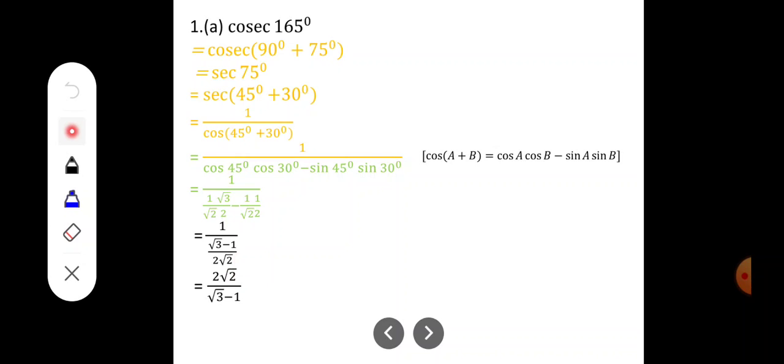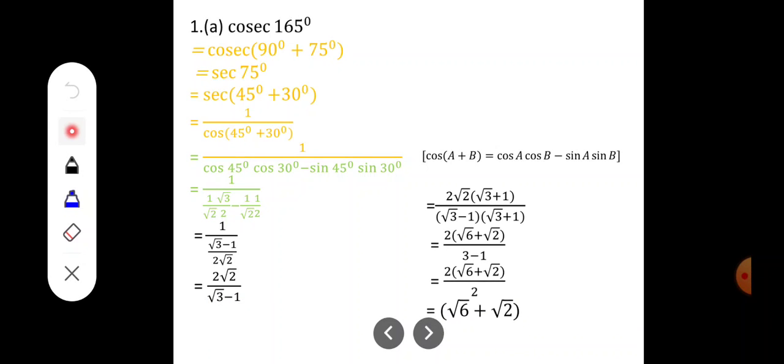After dividing the LCM 2 root 2 by each denominator, we get 1, and multiplying with the numerator we get root 3, and here we get minus 1. Then on inversion of this term, we get 2 root 2 divided by root 3 minus 1.